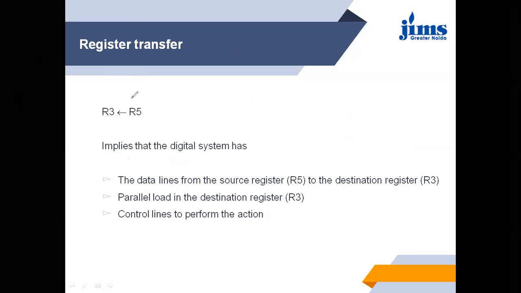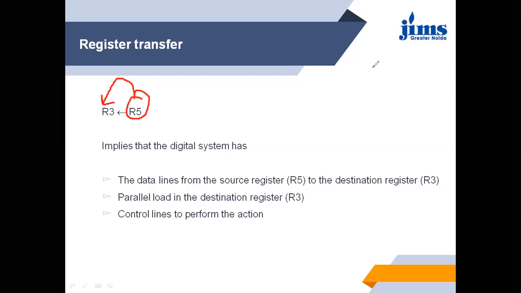So R5 to R3. This implies that the digital system has a data line from source R5 to destination register R3.